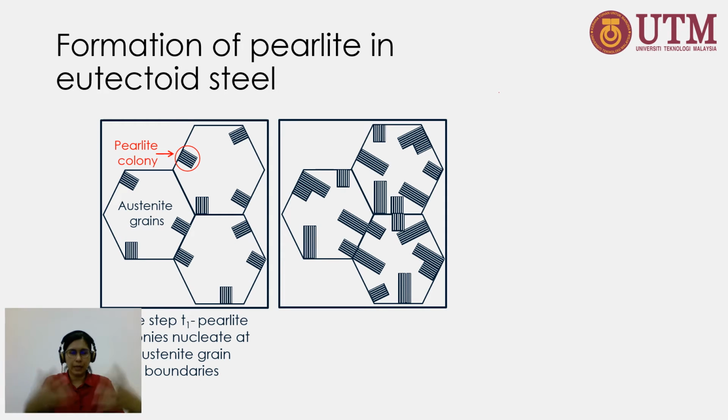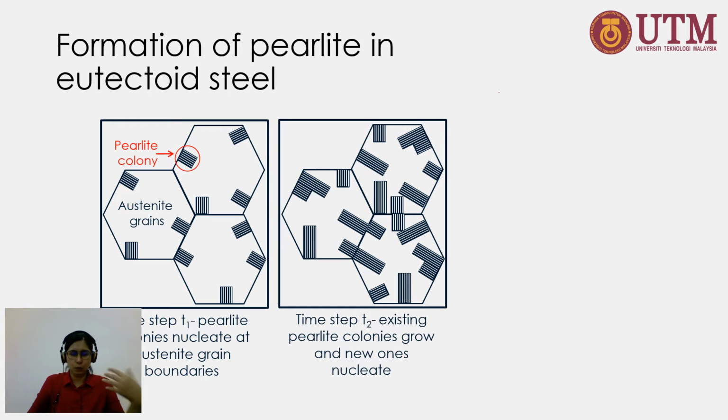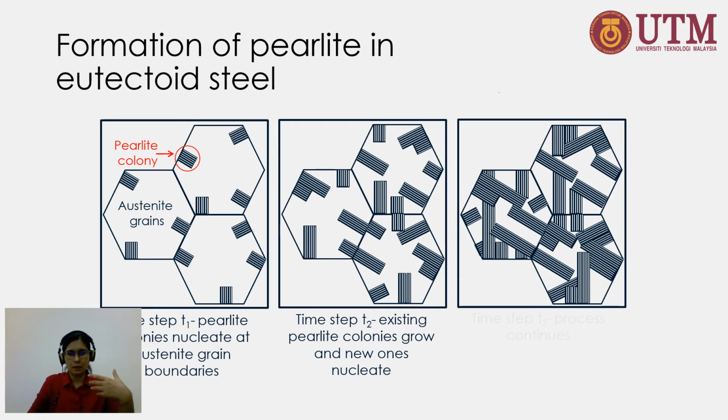So the pearlite will become bigger and bigger, and more pearlite will nucleate at time step 2, for example. So the existing pearlite colonies will grow, and the new pearlite will start to nucleate.